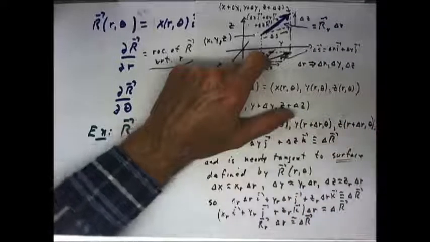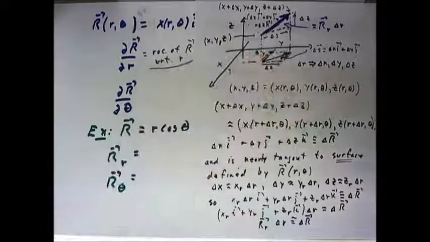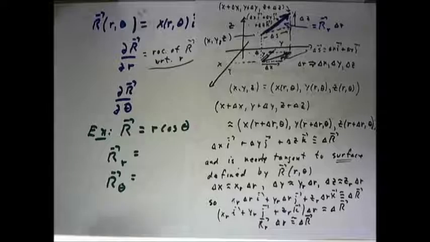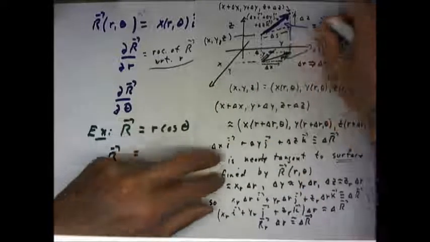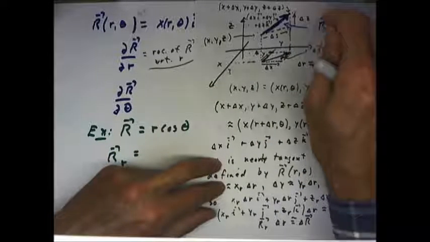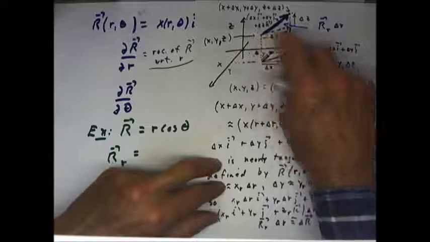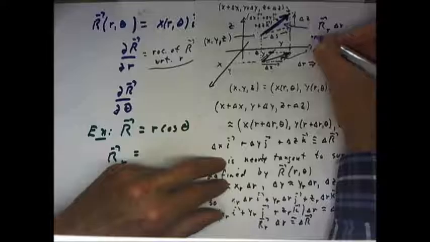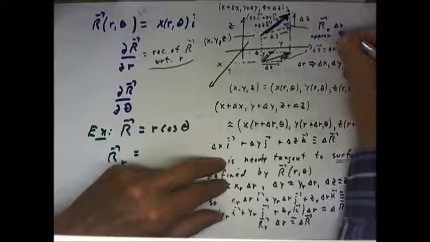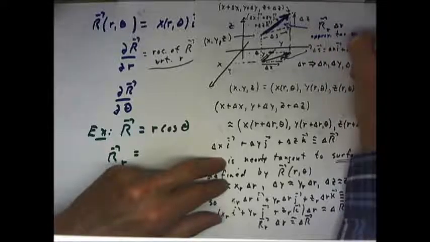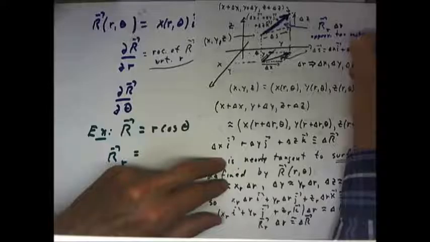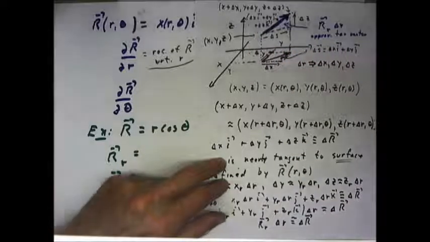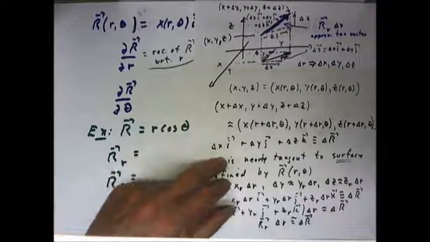Actually, that's not approximate. This vector is an approximate tangent vector. Again, approximately tangent to our surface.